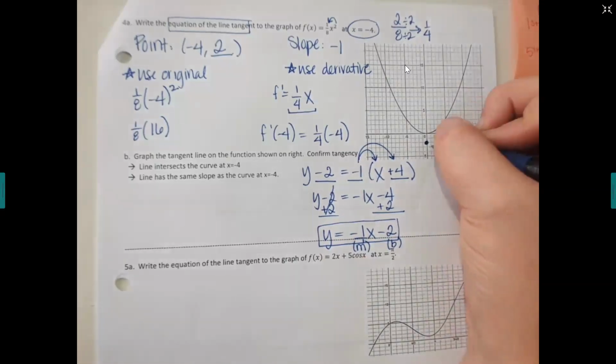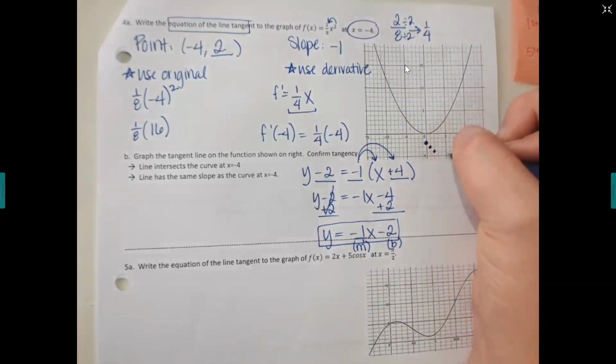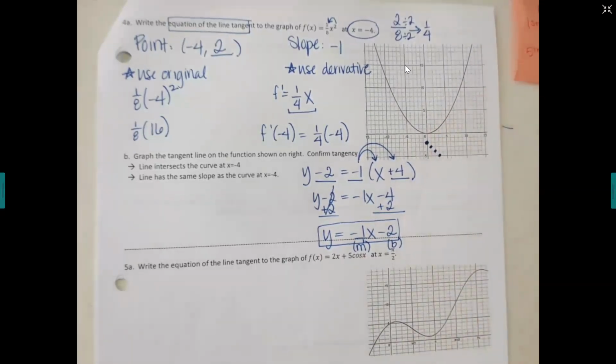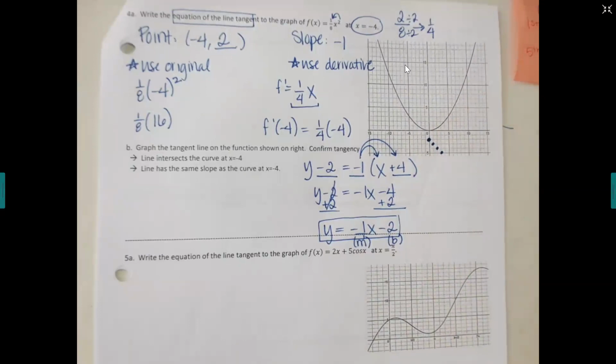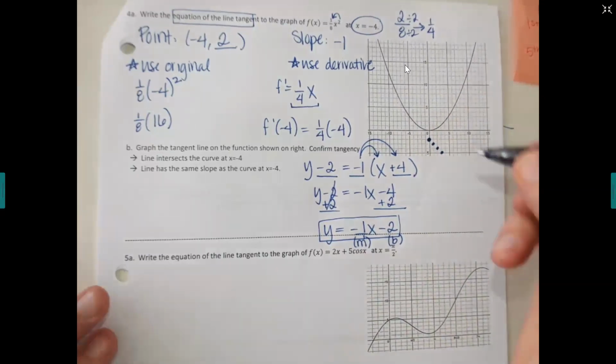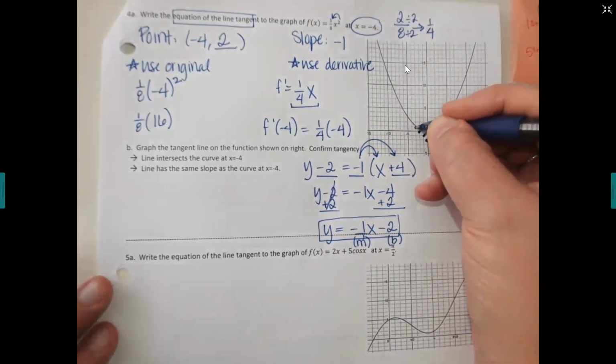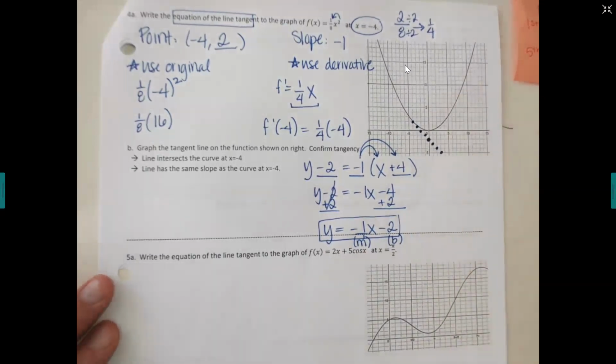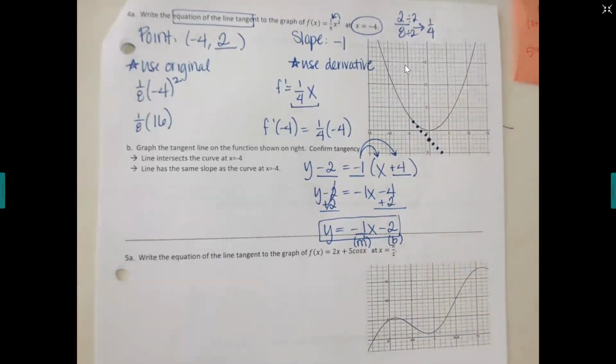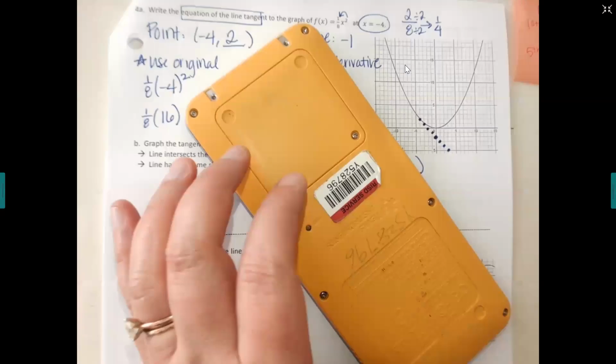So it'll look like this. But if I'm trying to kiss the U, then I actually need to go the other way. So I'm gonna go up and back, up and back. Okay, and then once you hit that spot, you can just kind of use your calculator to draw your line.